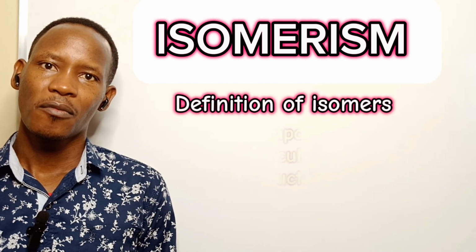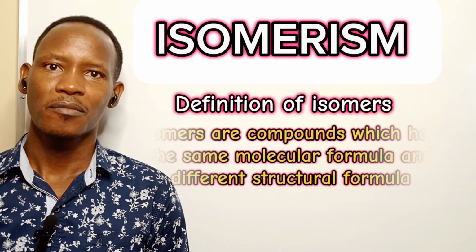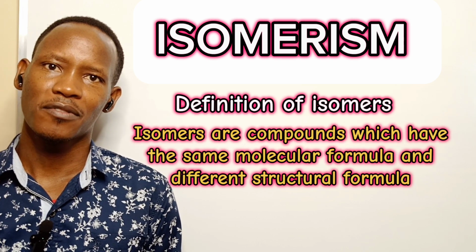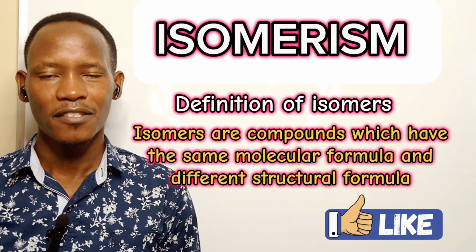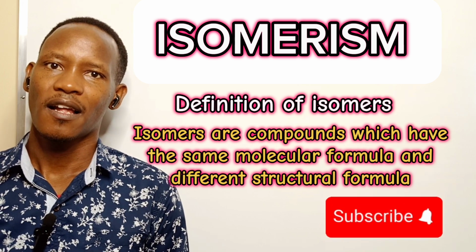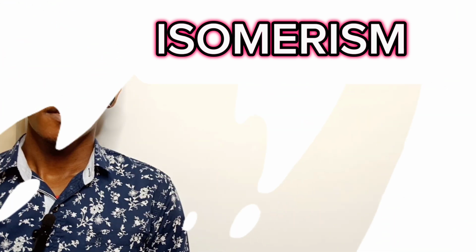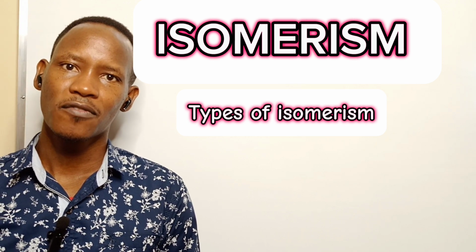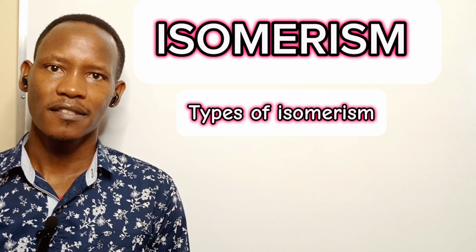Consequently, compounds having the same molecular formula, and in this context I mean organic compounds, but different structure formula, are generally known as isomers. Now, the whole concept of isomerism is subdivided into two major classes.